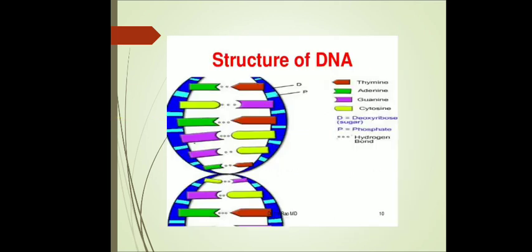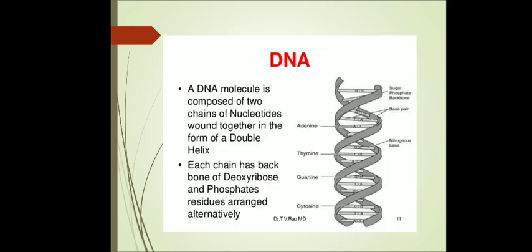Here is the structure of DNA. Let's study it in detail. A DNA molecule is composed of two chains of nucleotides. A nucleotide includes a nitrogen base, a phosphate group, and a sugar molecule, and these nucleotides are joined to each other with the help of phosphodiester bonds.